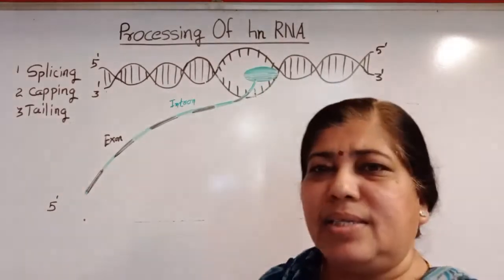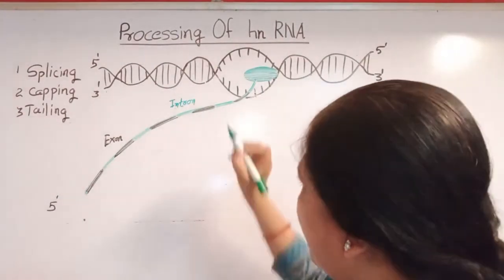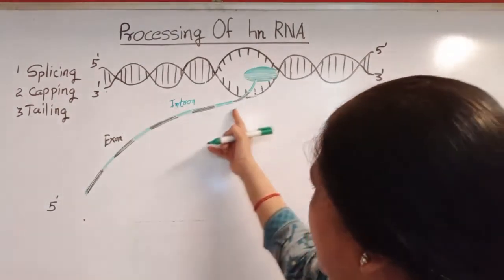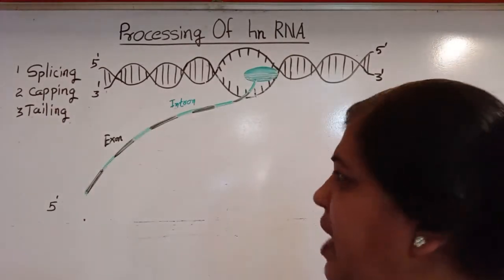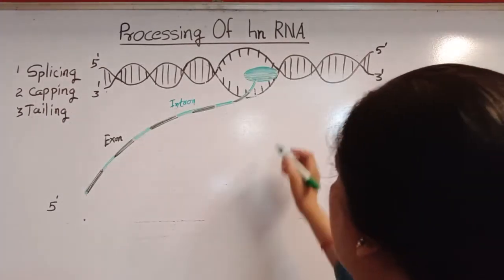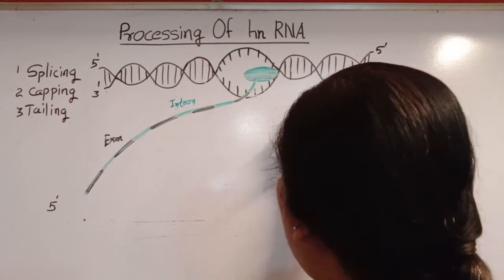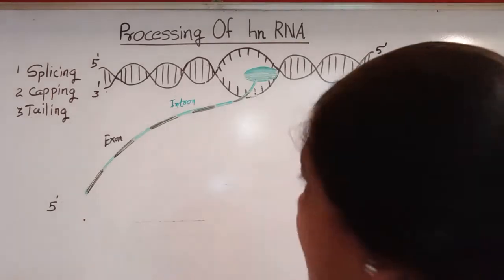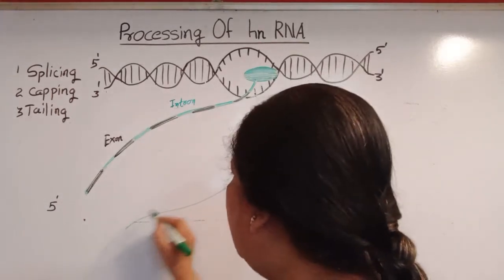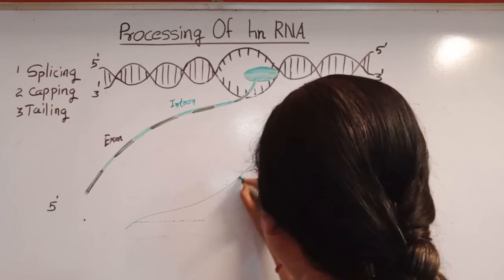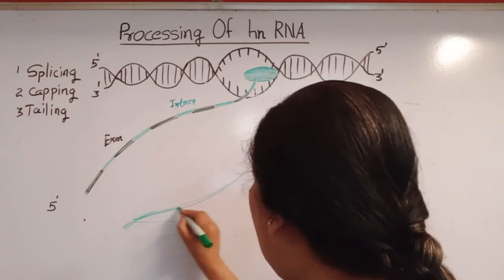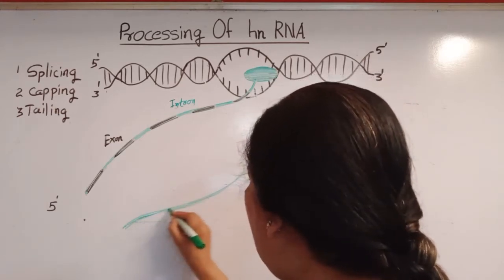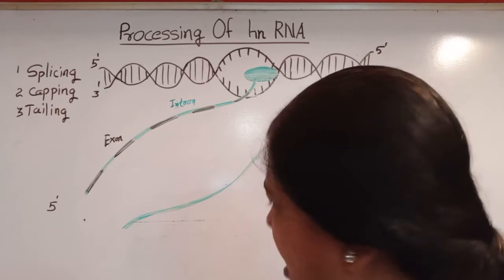So splicing means removal of introns from this hnRNA. It's called splicing. So see, this is RNA molecule and it consists of introns and exons.